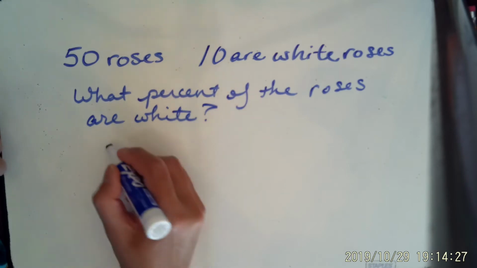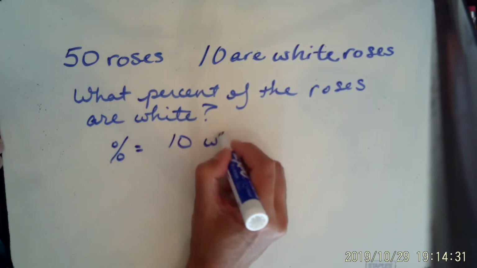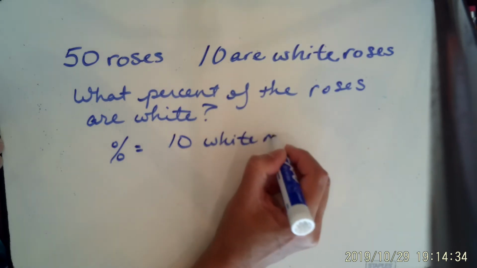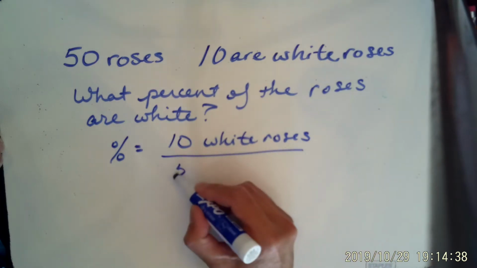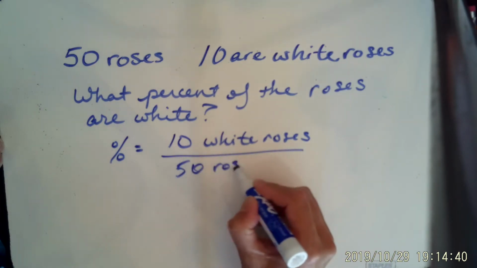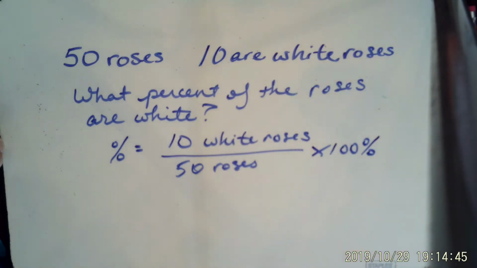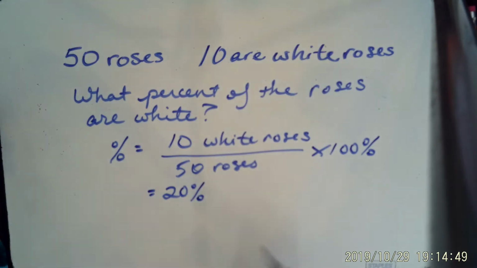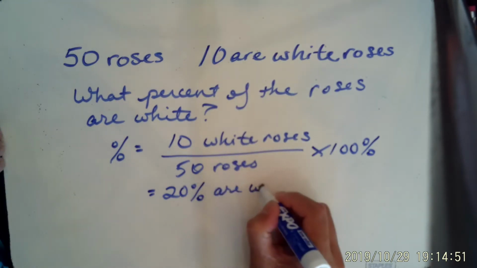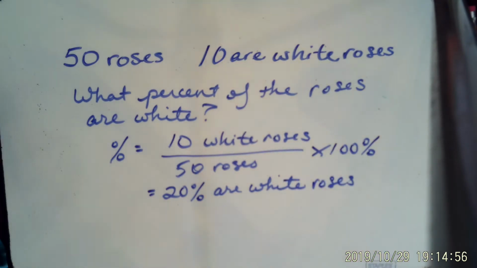You would say, okay, the percent would be equal to 10 white roses divided by 50 roses total times 100%. And then you would say, oh, that's going to be 20% are white. So that's just how, again, we calculate percent.